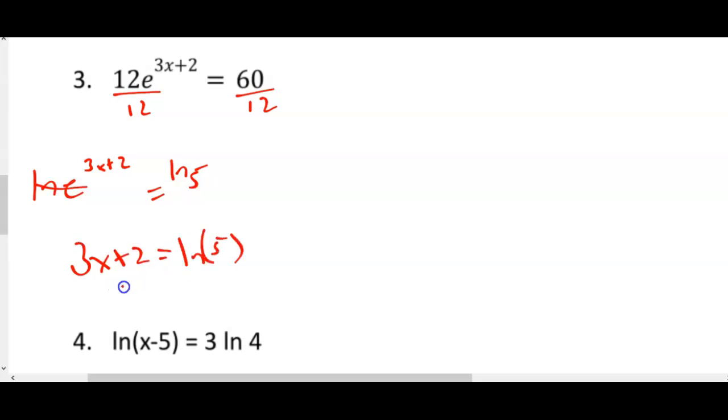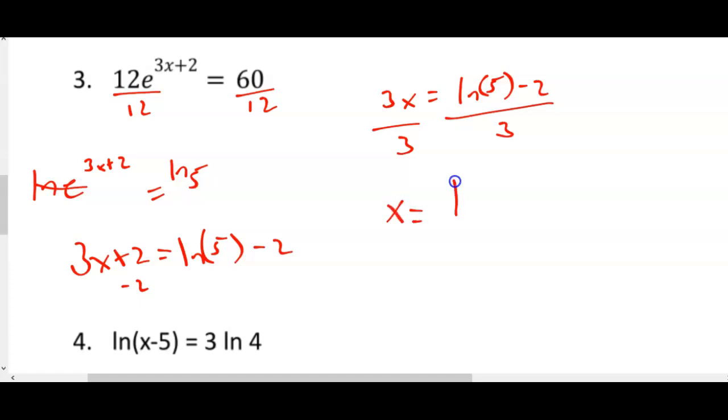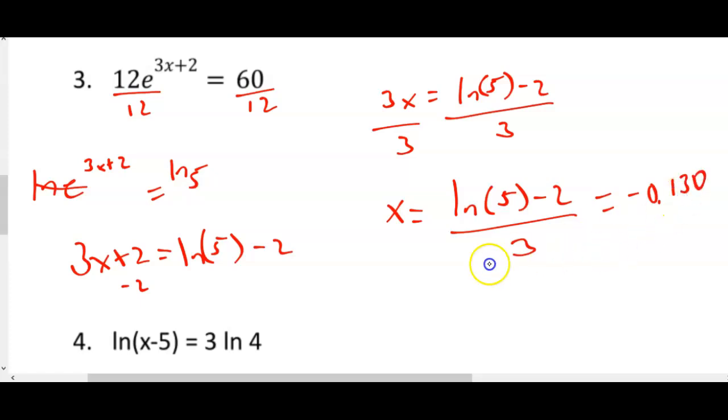Now we're going to subtract 2 on both sides, and then divide by 3. We're going to punch that in the calculator, so that'll give us a negative 0.130.